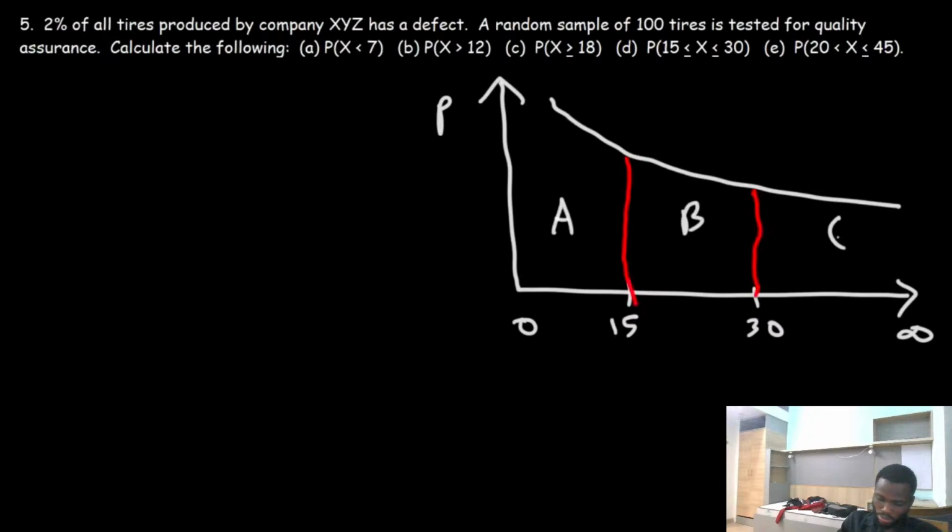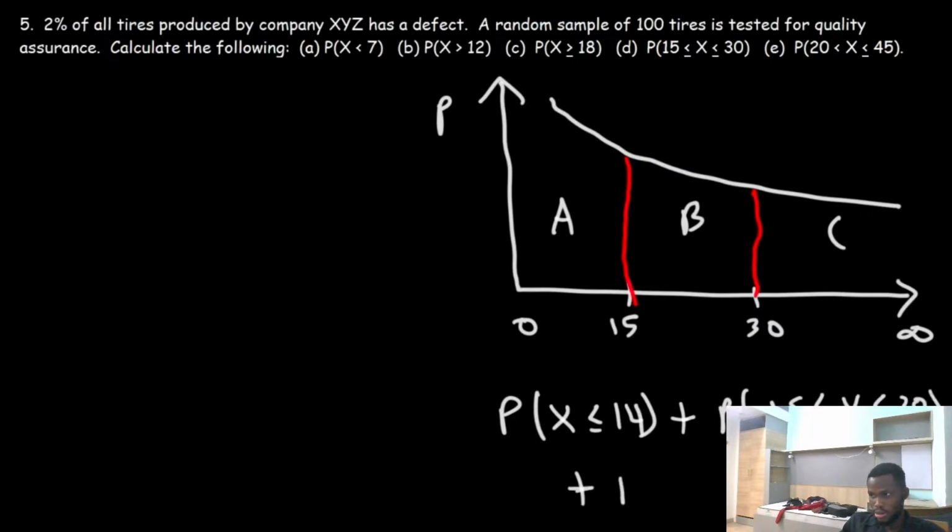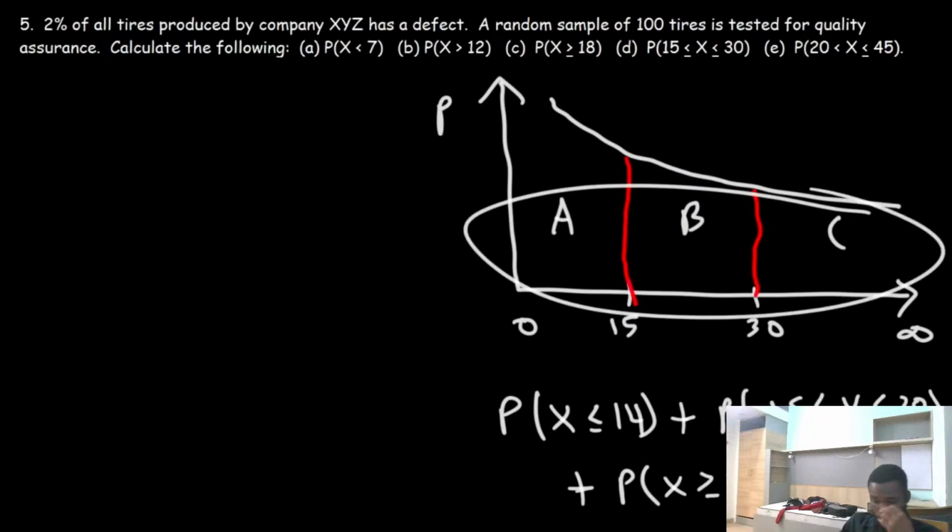So the area under the curve for region A will be the probability where x is less than or equal to 14. For region B, that's what we're looking for. That's going to be from 15 to 30. And then region C is going to be beyond 30, so we'll start at 31. Now, these values must add up to 1, because the probability from 0 to infinity has to be equal to 1.